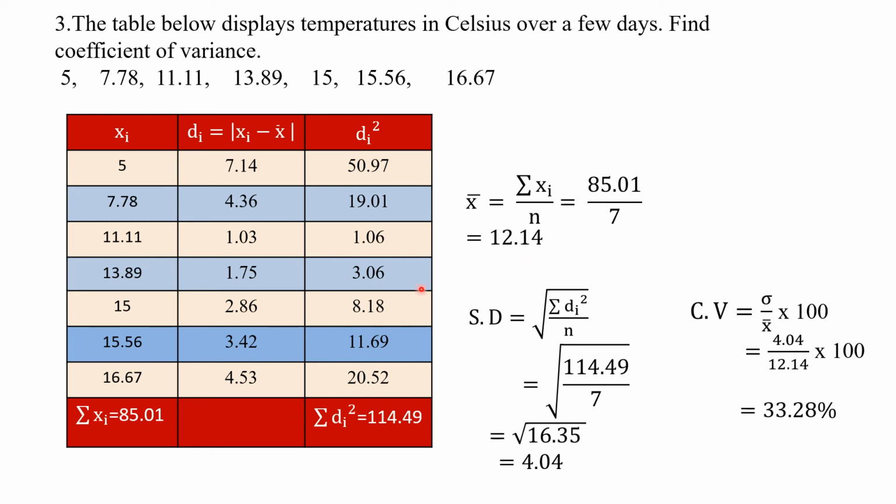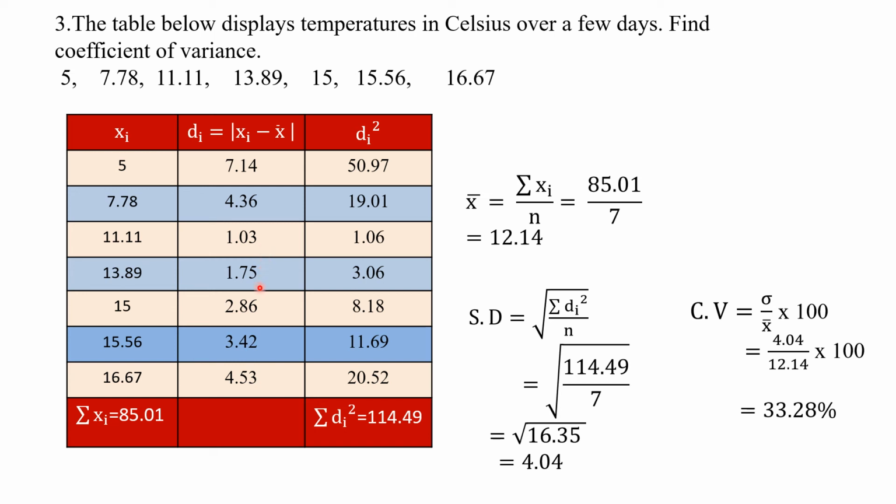Then we'll form the column for di, which is equal to modulus of xi minus x bar. So modulus of 5 minus 12.14 gives us 7.14. Mod of 7.78 minus 12.14 is 4.36. Modulus of 11.11 minus 12.14 is 1.03.